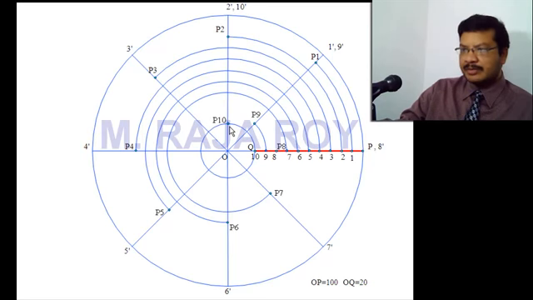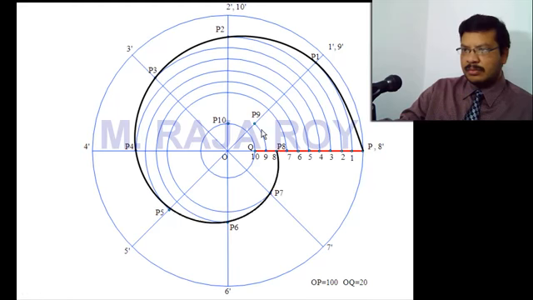Now draw a smooth curve joining P, P1, P2, P3, and so on up to P10. This is the Archimedean spiral for 1 and 1/4 convolutions.